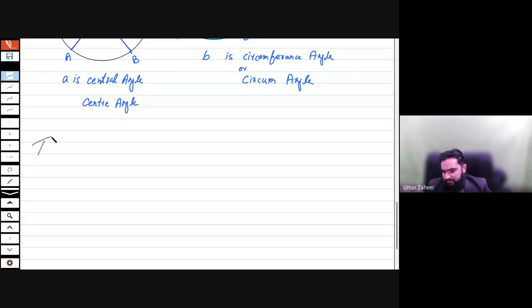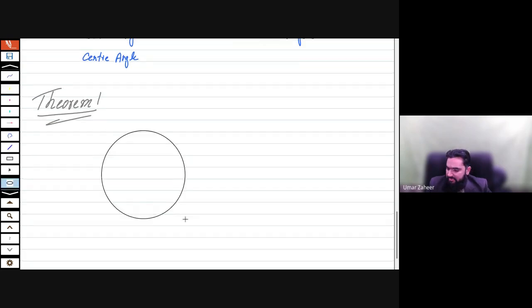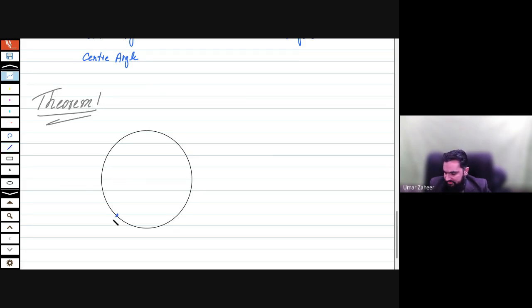Now we have the first theorem. The first theorem is if you have a circle and you have, let's say, 2 points A and B. You subtend an angle at the center, and from the same arc you subtend the angle at the circumference.